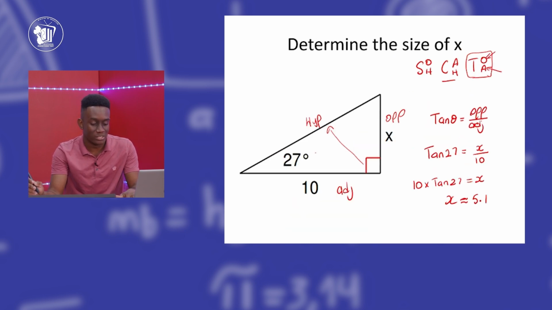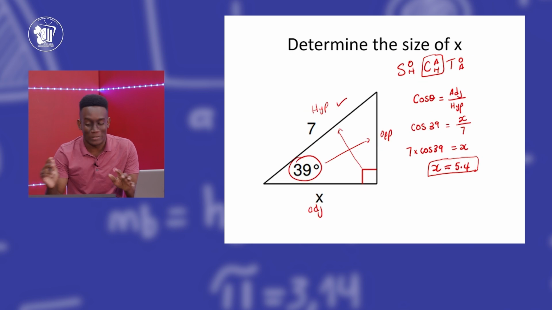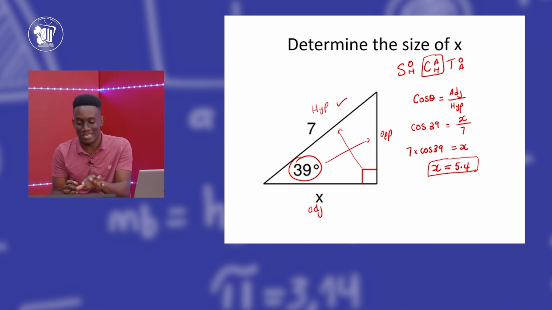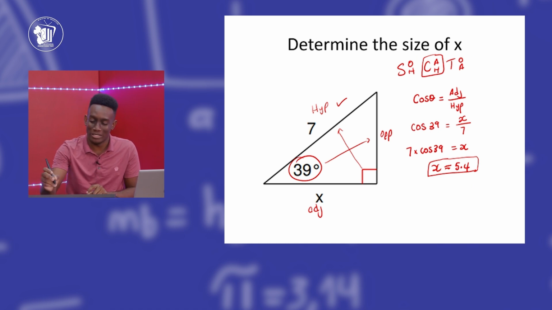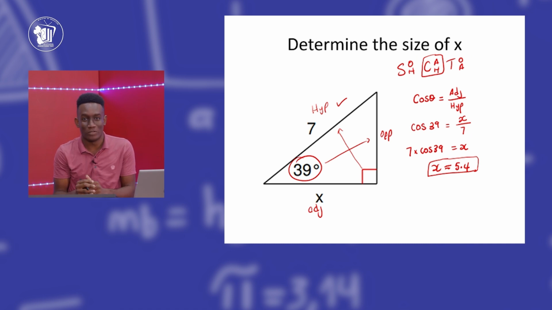The answer you get should be closely aligned to the other sides. You cannot be given a side as 7 and then when you work it out, get 300 and something. That means something is wrong with your calculator or you made a mistake somewhere. With that, this has brought me to the end of this video.